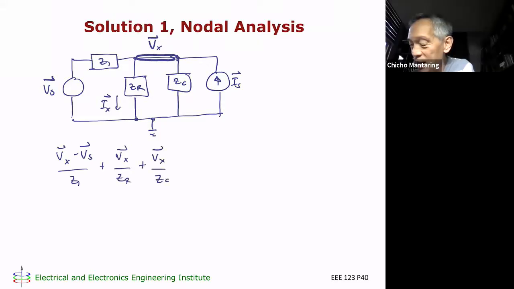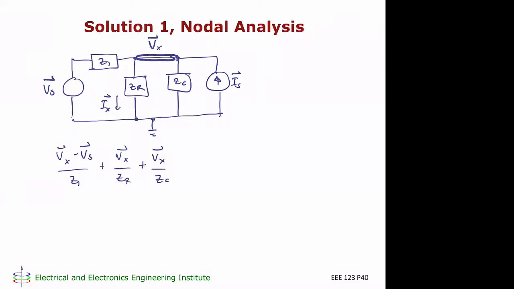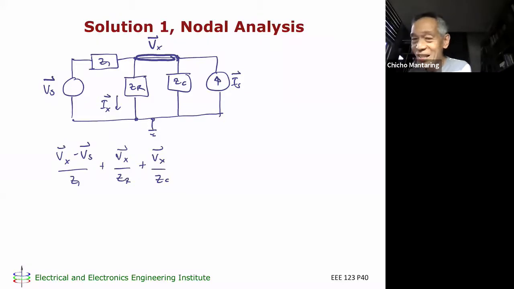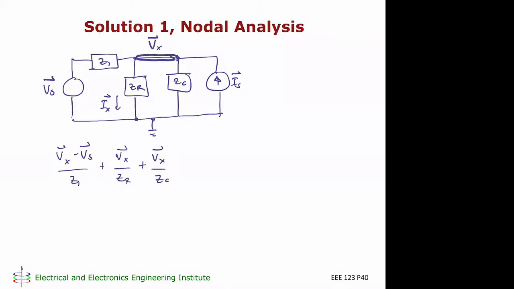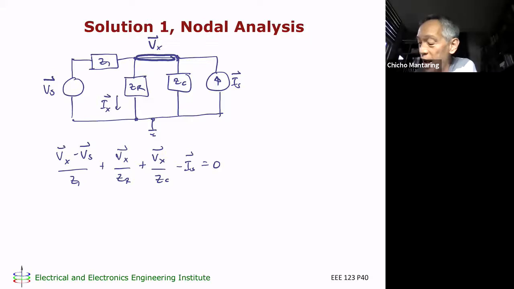Tapos plus Is. Plus or minus? Minus pala, sorry. Minus Is is equal to 0. Okay? So ang unknown mo lang dito is Vx. Vx is the only unknown. So I can solve for Vx.